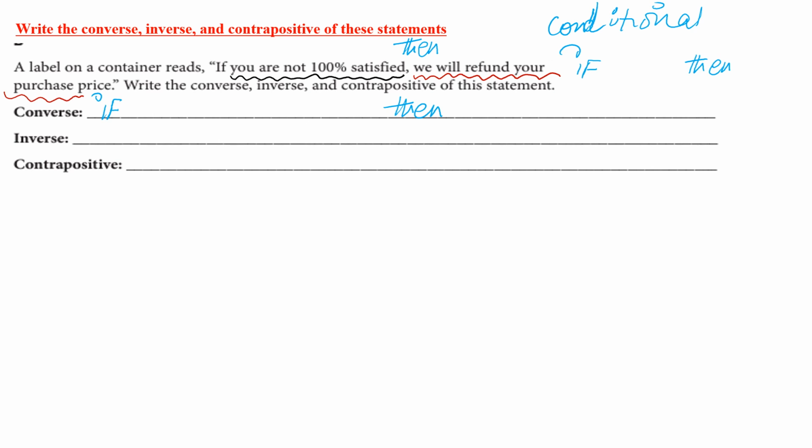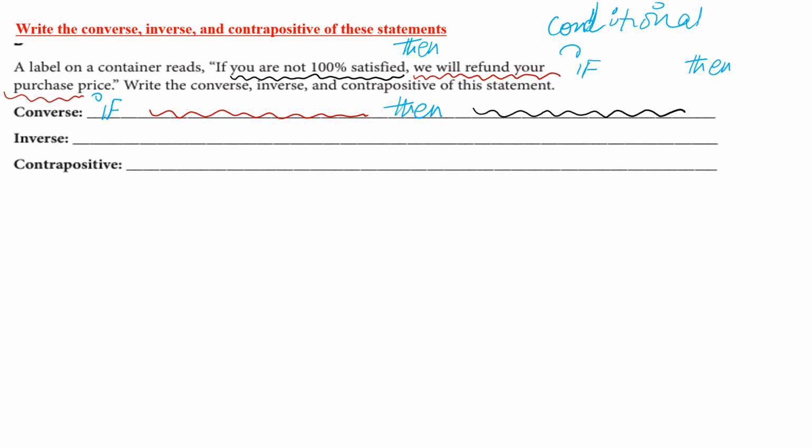So after the if, I will write, if we will refund your purchase price, which means whatever I underlined with the red pen is going to come after the if. Then you are not 100% satisfied. I am not changing anything else, I just keep the if and then at the same places and interchange the two statements.